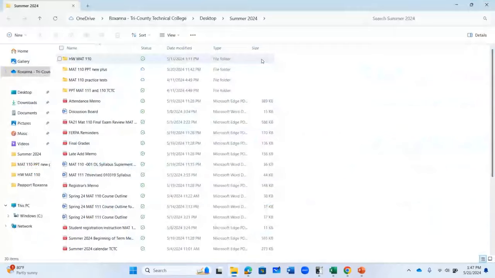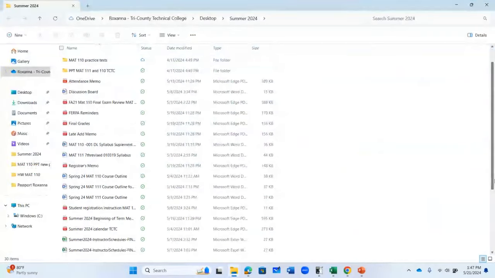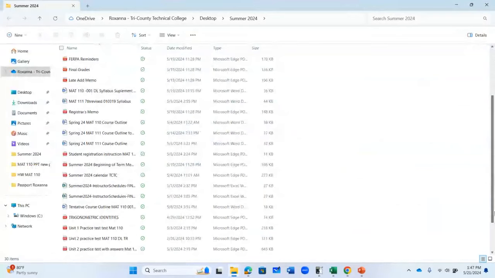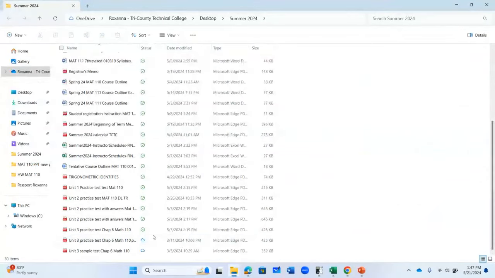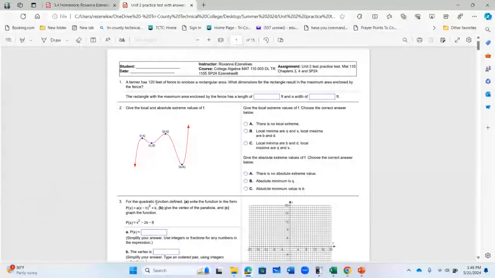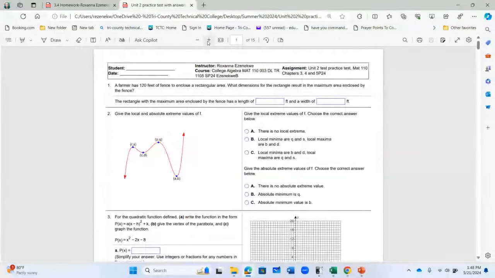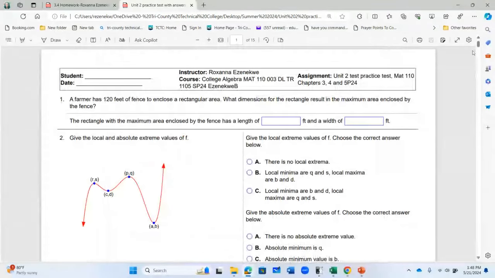We are looking for a rational function that has a complex number in the denominator. So practice test 2, I have it here. All right, and by next class we shall be talking about increasing and decreasing functions.